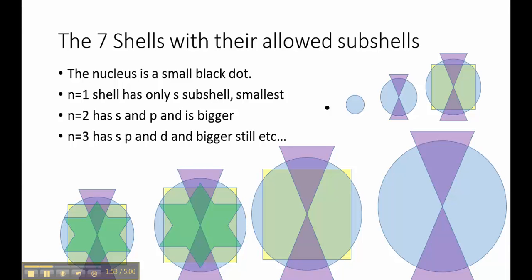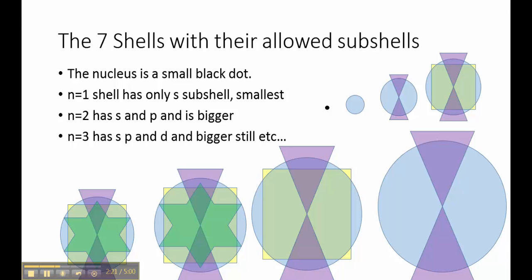The primary shell is the biggest determining factor for how large an atom is. That's its n value. Its n value determines how big an atom is. The other thing to keep in mind is that just like the orbitals for each subshell, though these shells are drawn separately, in reality they share the same space and same center.